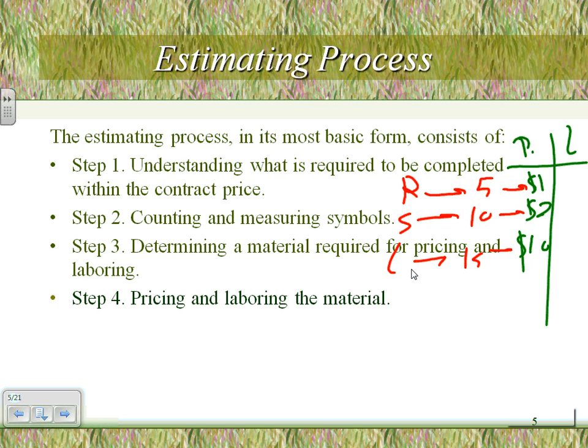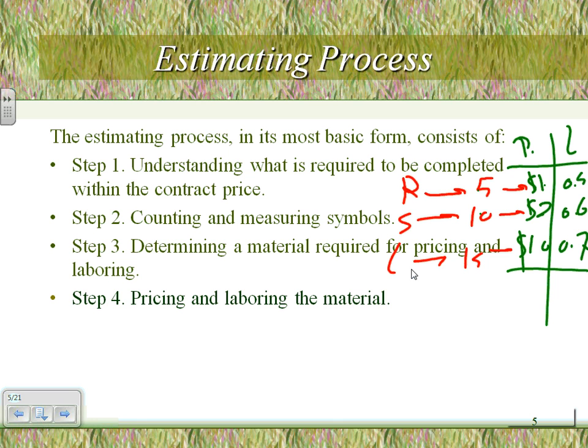I'm going to assign 0.5 hour, 0.6, and for a light, 0.7, okay? And then for every 100 of these, you multiply them, 5 times 0.5 divided by 100, for example, and you get your labor. You add the material, multiply this by this, this by this, add them, and that will give you the total.